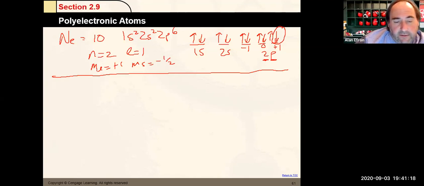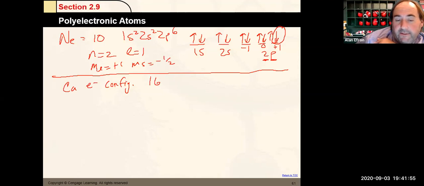All right, so why don't you do calcium, and do the electron configuration for calcium? And while you're at it, do the quantum numbers for, let's just randomly pick, the 16th electron in calcium.